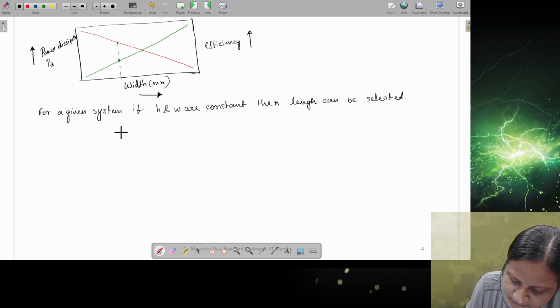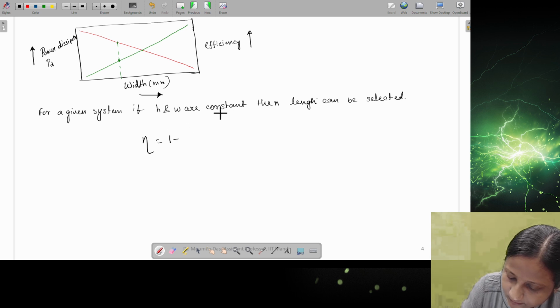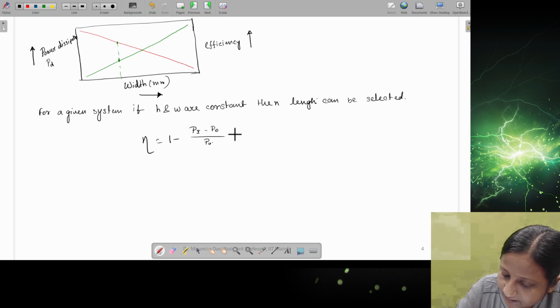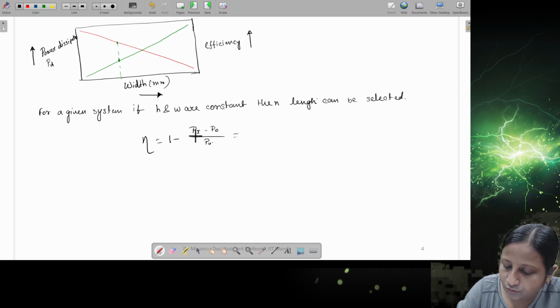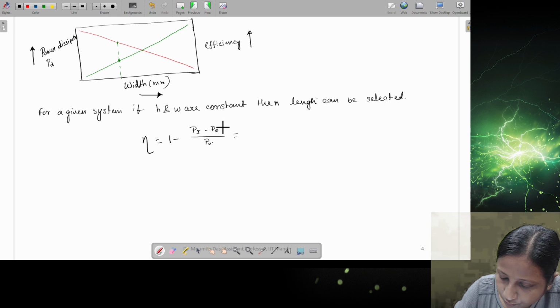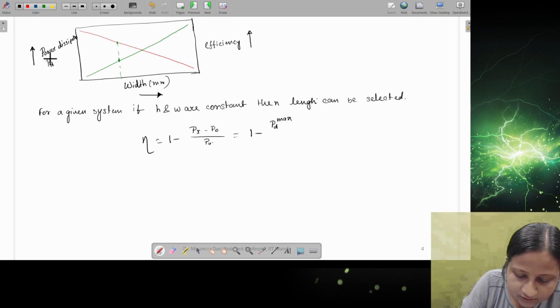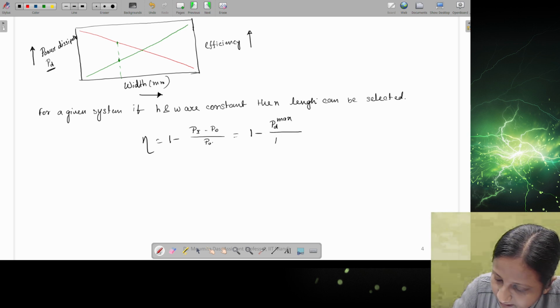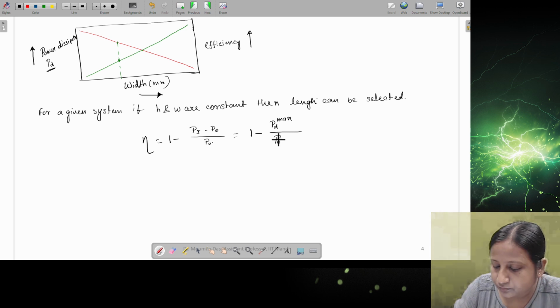Now this efficiency factor, if you see how it is related, efficiency is 1 minus (P input minus P output) by P output. Now this can be represented in terms of P dissipation, so the input minus output is the power dissipation. So this is PD maximum divided by P output, right?